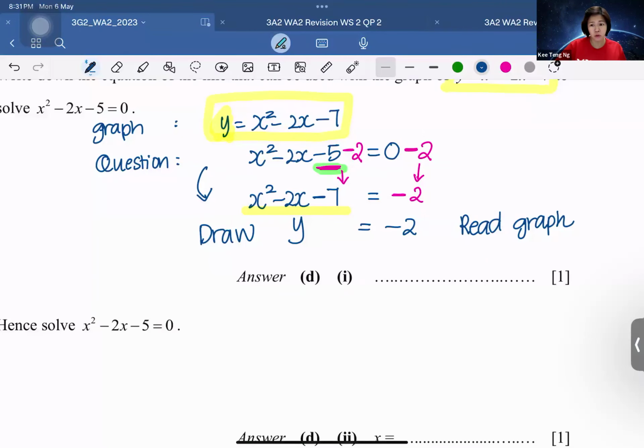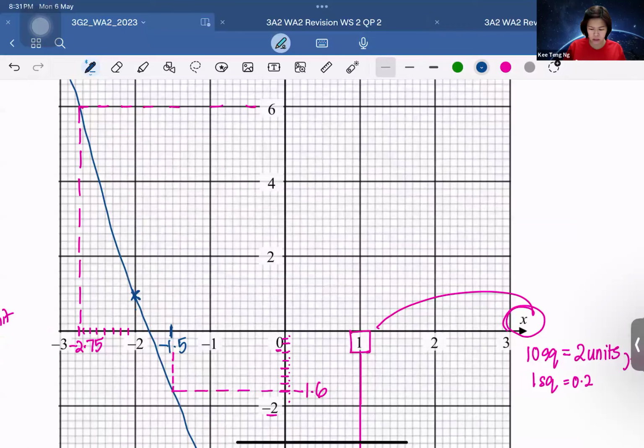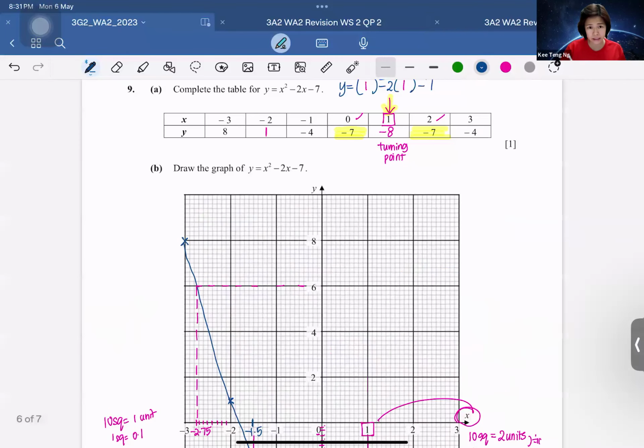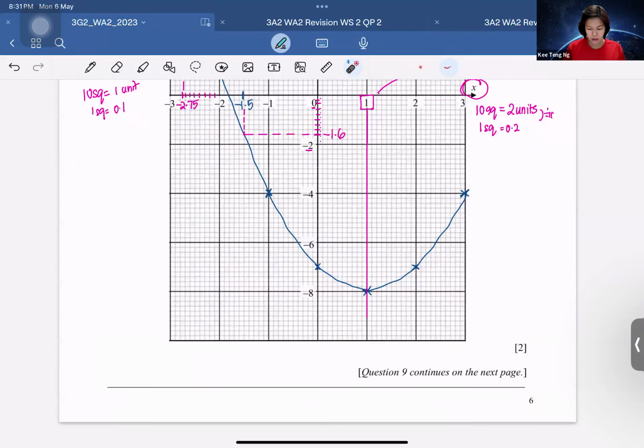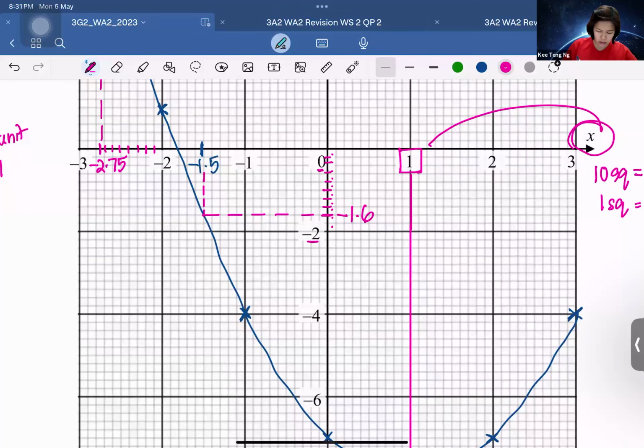All right, so let's go back to our graph and draw y equals to -2. This is my y-axis, -2. Unfortunately, you notice there's no graph over this side, so it's only this side. So I will go for this answer, only one answer. So I'll draw y equals to -2.